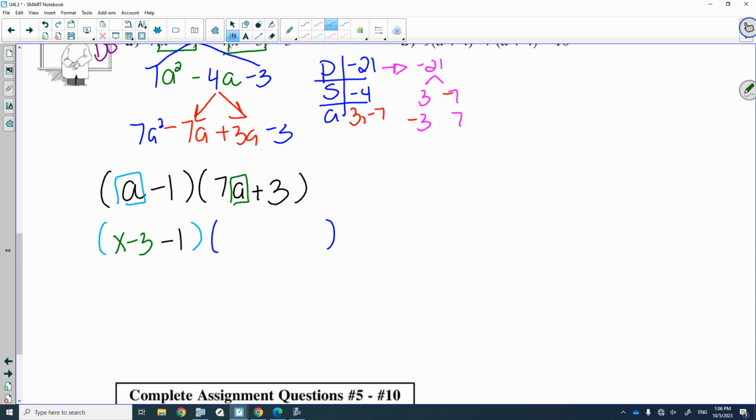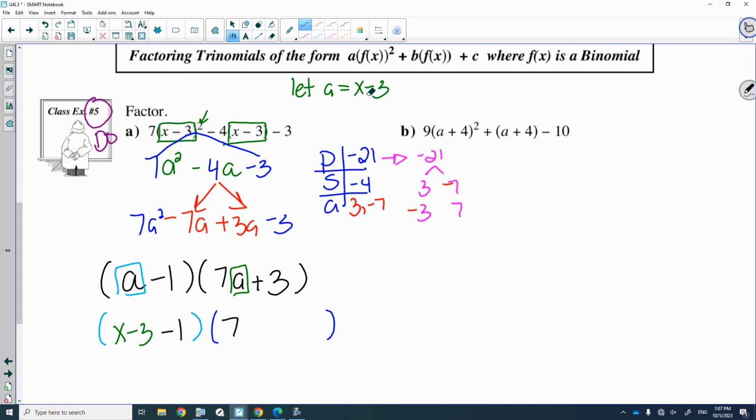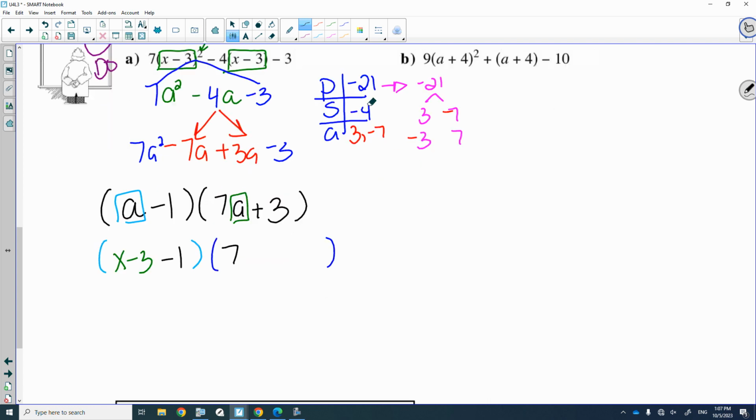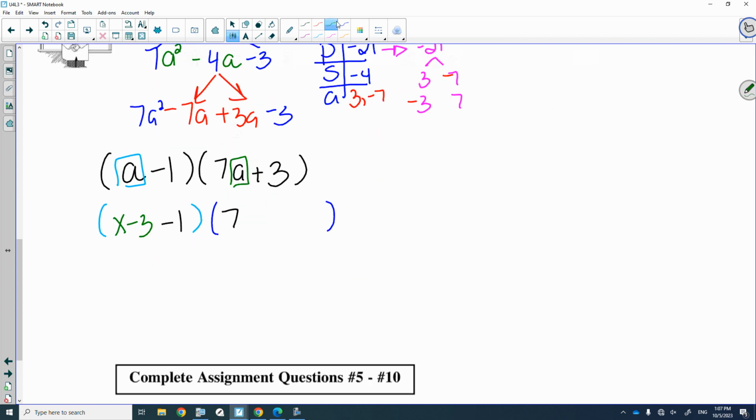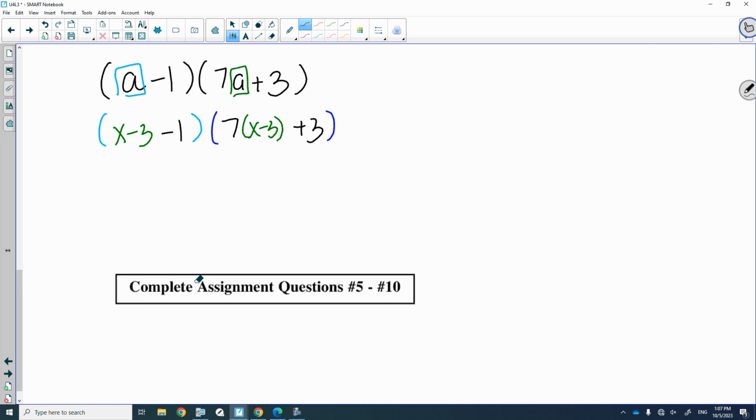How am I going to input the x minus 3 for this binomial? In a bracket. It's 7 times x minus 3. This is a binomial, so this would go in a bracket. And then I've got a plus 3. So one of my factors is x minus 4.